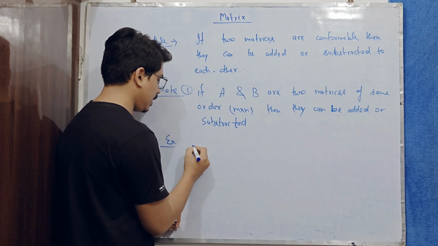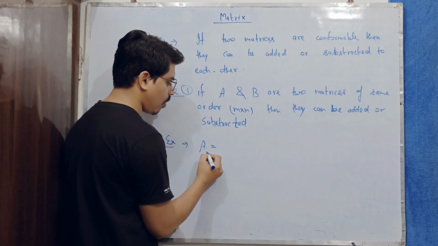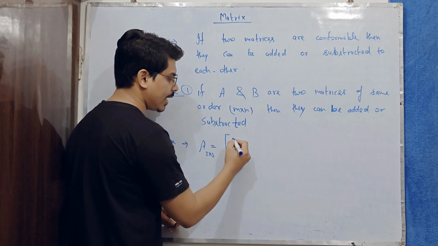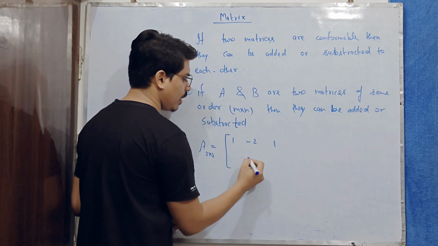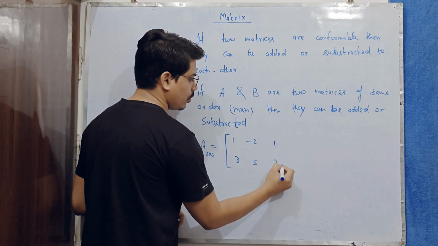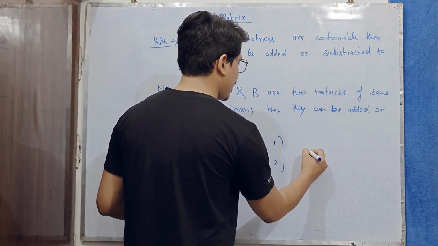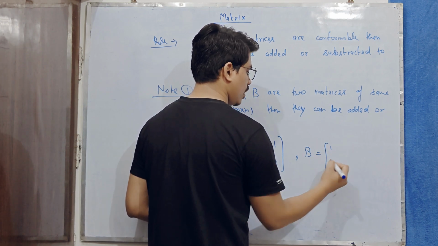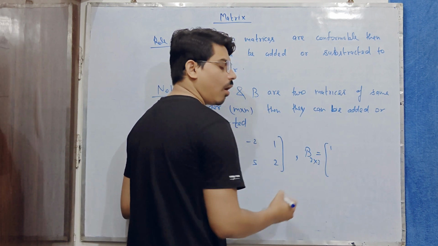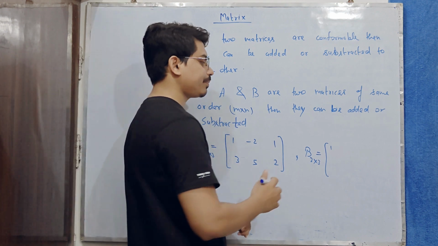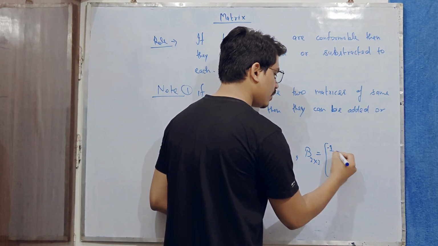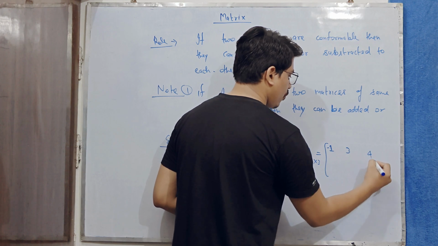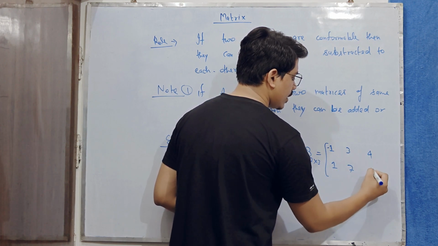Let's take an example. If A is a matrix of order 2 cross 3, that is 1 -2 1, 3 5 2, and B is a matrix which is also order 2 cross 3, that is -1 3 4, 1 7 2.